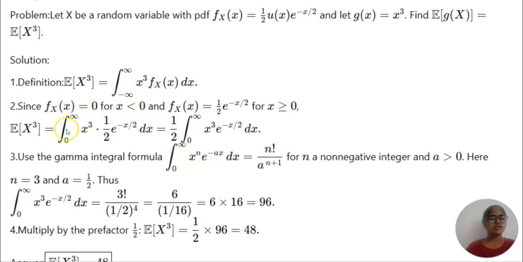Do the same steps and multiply the prefactor. E of x cube equal to 1 by 2 into 96 equal to 48. E of x cube equal to 48. By using the gamma integral formula, we can do this problem.